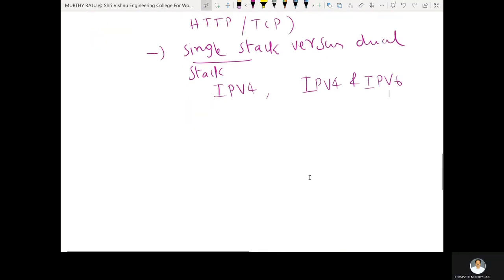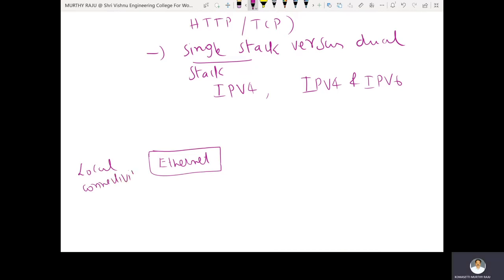Here, in case of Ethernet, in the data link layer, for local connectivity, Ethernet is used to connect the devices. In the network layer, we use Internet Protocol version 4.